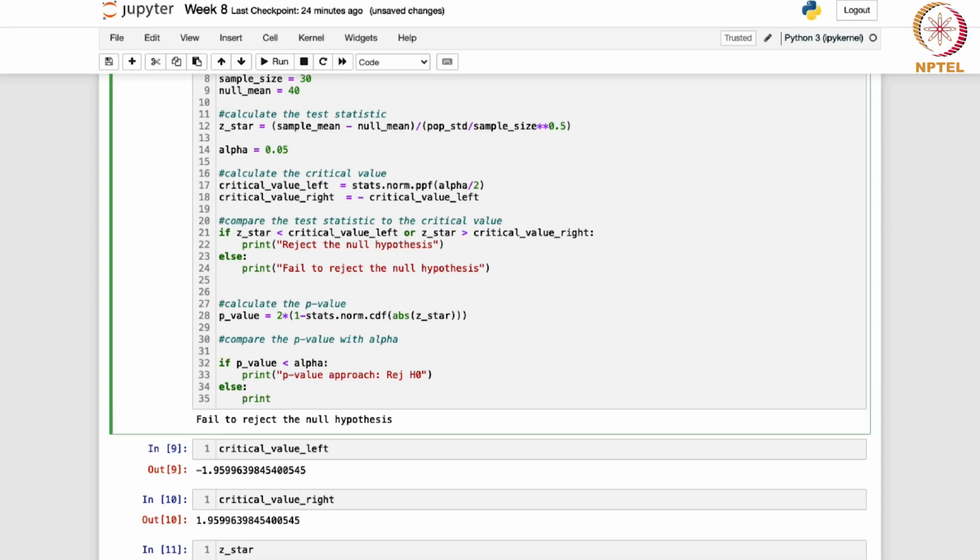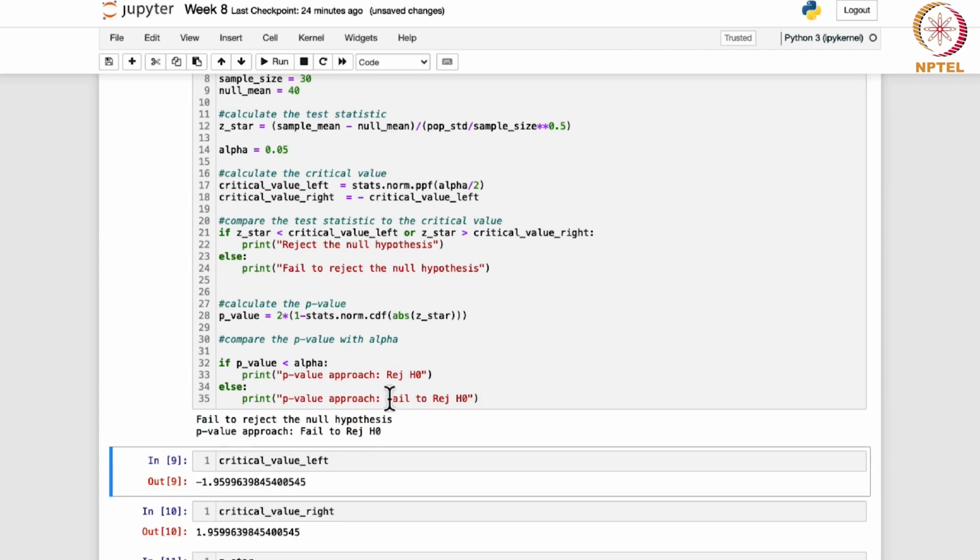Obviously it depends upon you what you want to print, so I'm just using the short form over here. You can write the entire null hypothesis thing also.